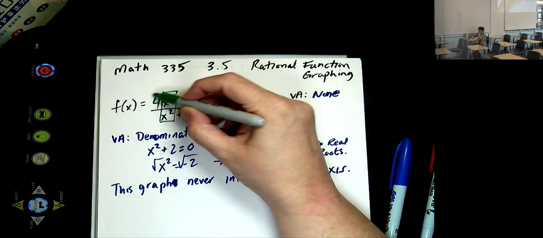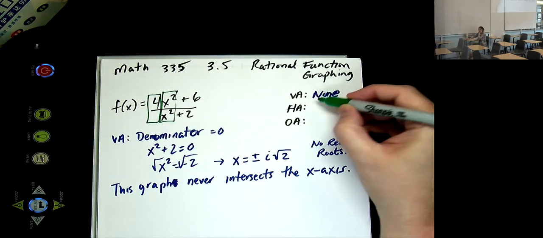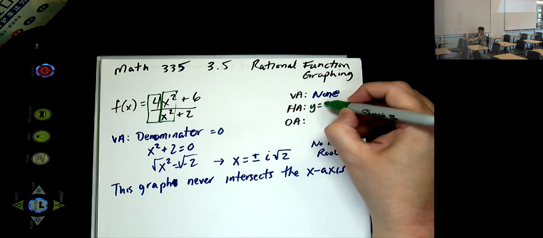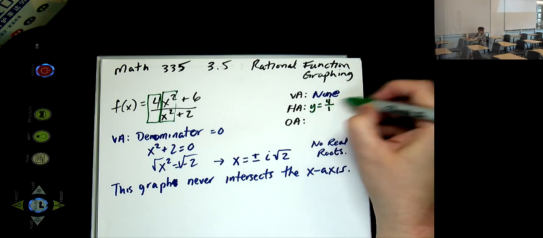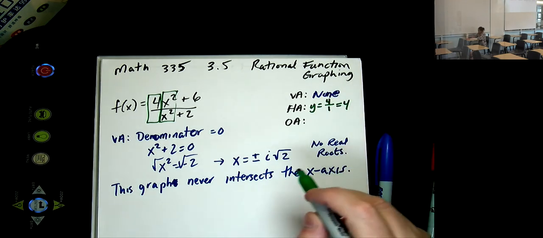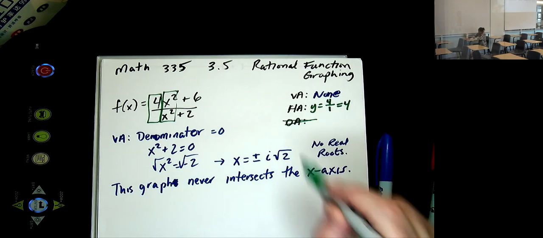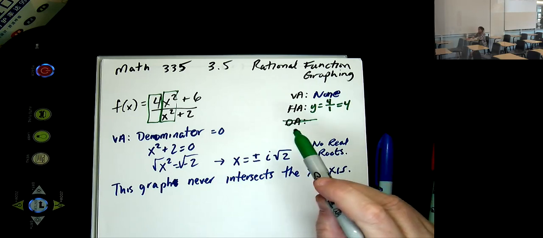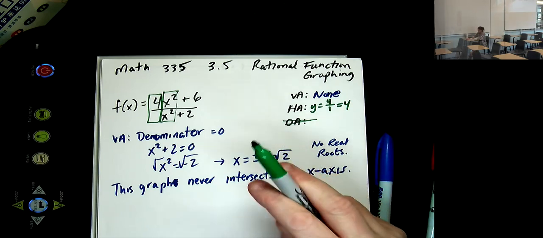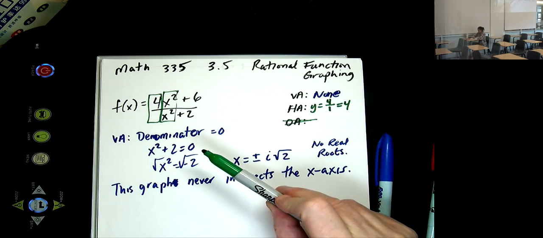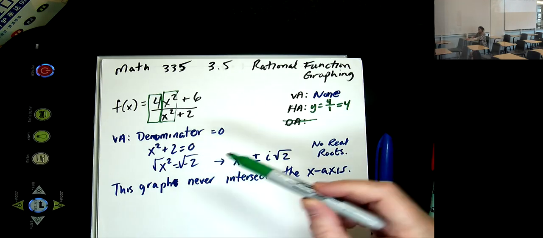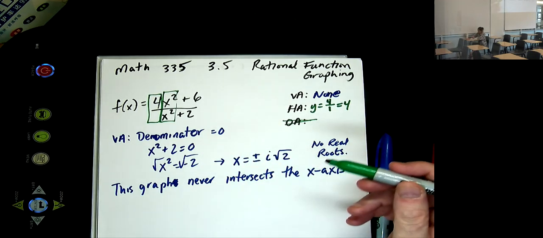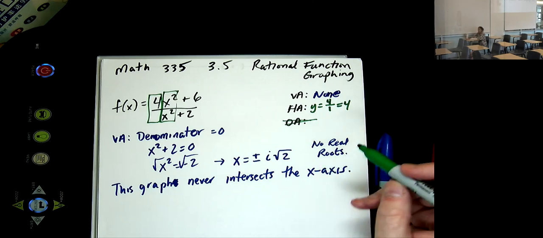So we're going to take the coefficients. So y will equal 4 over 1, which is 4, which means we don't have an oblique asymptote. And we also never have it where it touches y. Well, x can equal 0. And we know the lowest value.